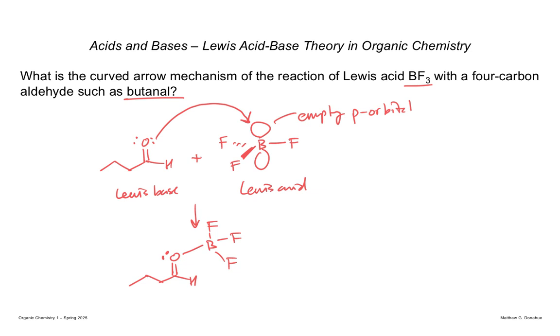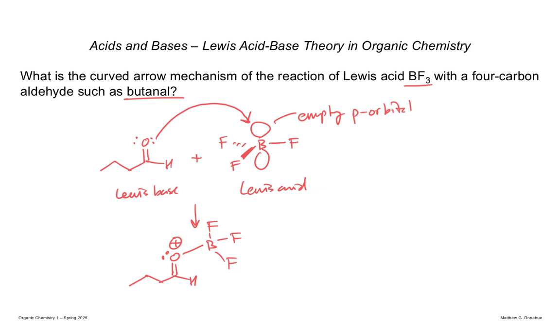We're still not done completely drawing it, because we know that oxygen normally has 2 bonds and 2 lone pairs. It doesn't look like that anymore, so we need to account for that somehow. It's no longer in the neutral bonding pattern, so we have to show charge. We'll add a plus to the oxygen. That's just calculating formal charge.